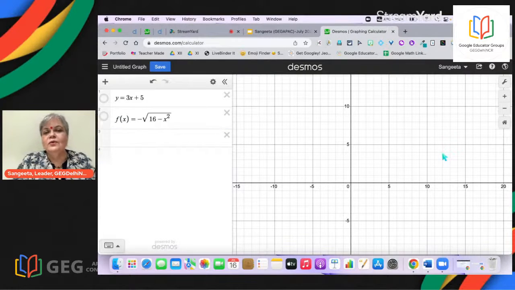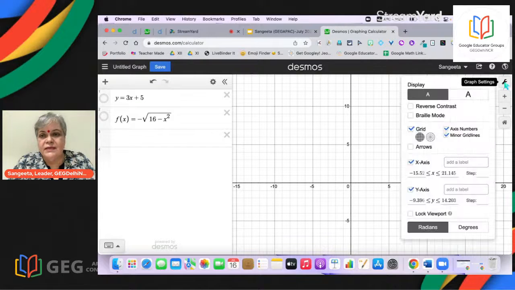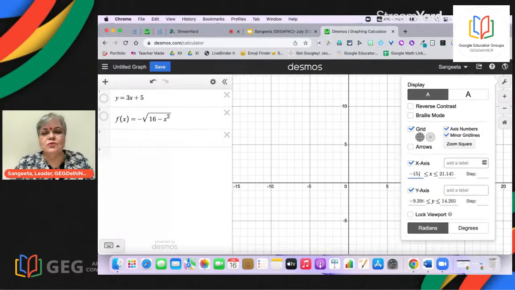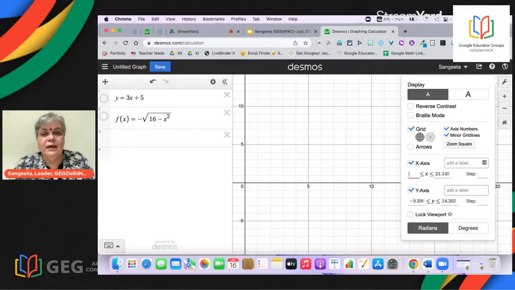So if I'm talking about trigonometric functions, maybe you definitely would be interested in getting the label on the x-axis in the language of radians. So what does one do for that? Go back to this little graph settings here, and you can change the way that scale is decided. So I can choose to get multiples of pi on the x-axis.